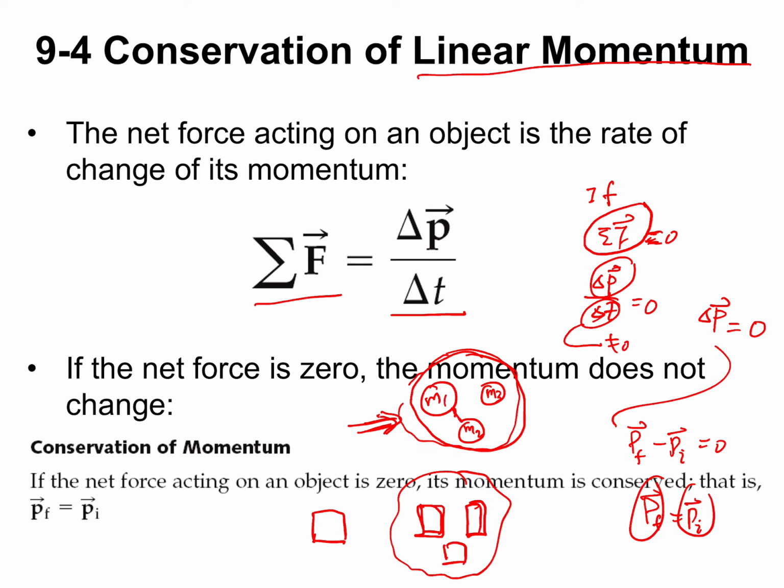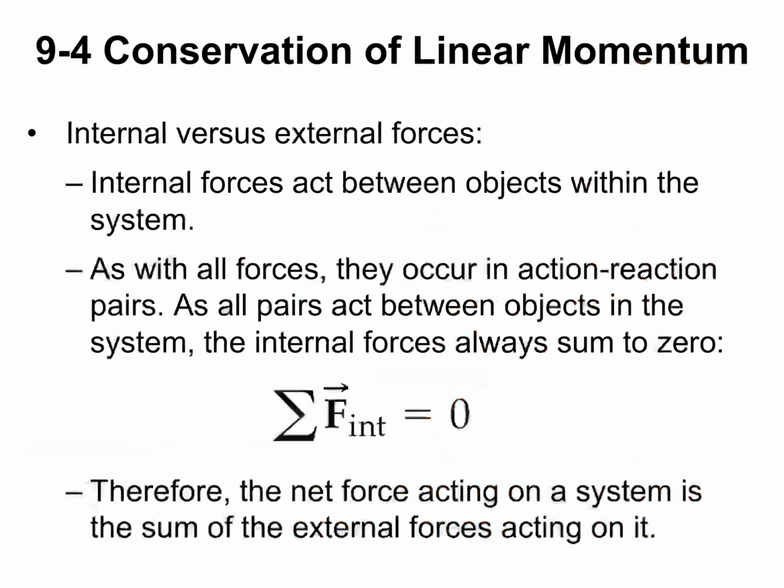M1 and M2 can bump into each other, M2 and M3 can bump into each other. Bumping means interaction. If you consider those three as a system, the interaction between them doesn't count as force from outside.